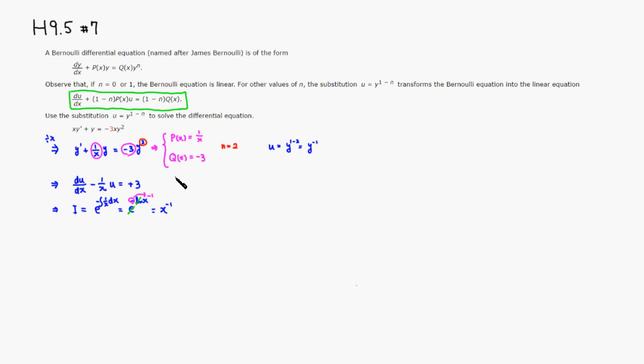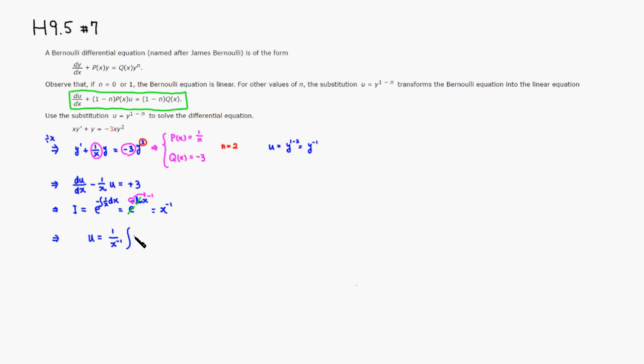Then we can find the solution u. So u is going to be 1 over I, so 1 over x to the negative 1, and the integral, and the q of x is negative 3, so it's going to be negative 3, this is positive 3, so I don't need the negative.